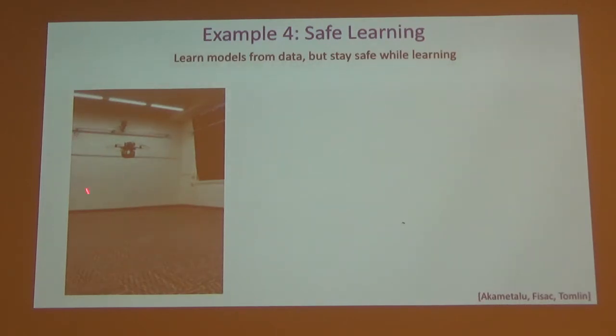So here is a quadrotor whose nominal model is available initially. And what we want is for this quadrotor to track a particular trajectory, which I will show in a second. But when we plan a controller using this nominal model and execute it on the real system, the quadrotor drops.